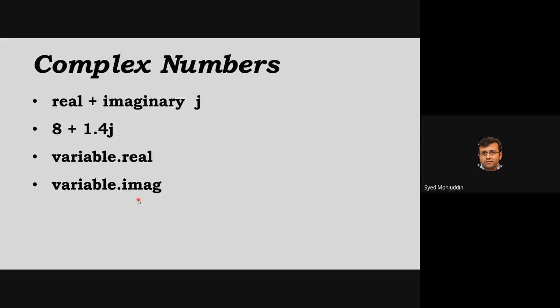So complex numbers can be created using x plus yj, and we can individually retrieve the real as well as the imaginary part.